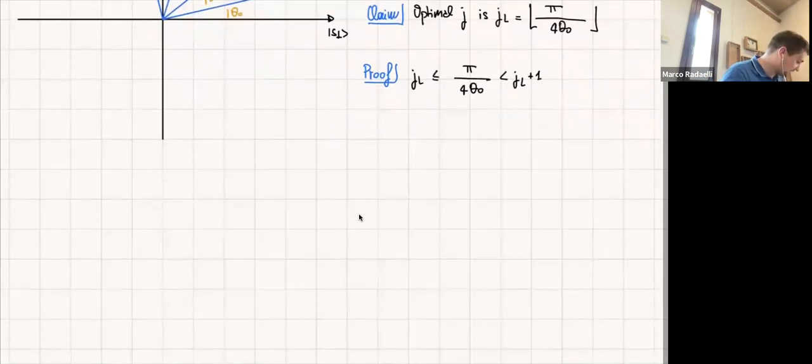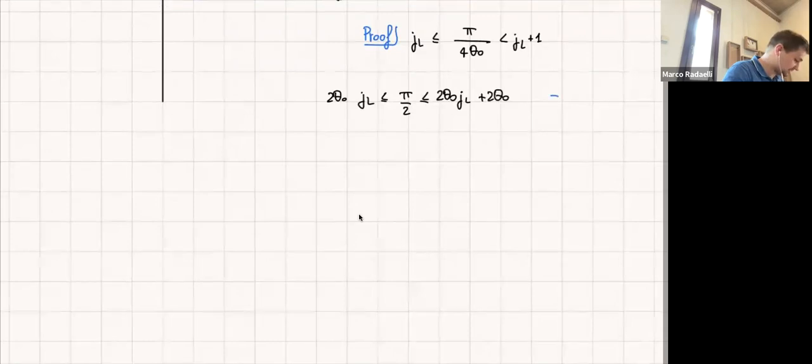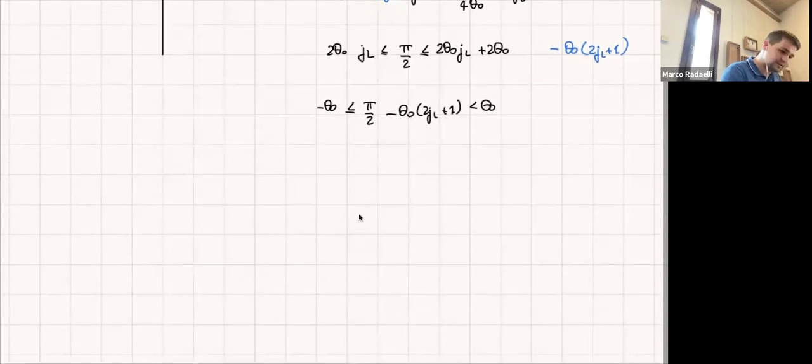Okay, so let's multiply everything by 2 theta naught. So we get pi over 2 theta naught JL plus 2 theta naught. Let's subtract theta naught times 2JL plus 1. What we get is pi half minus theta naught times 2JL plus 1 smaller than theta naught.